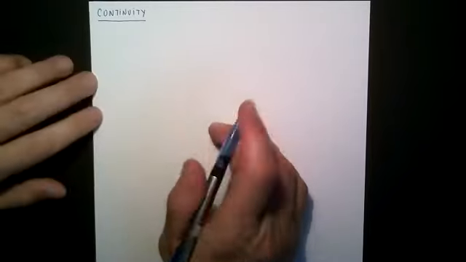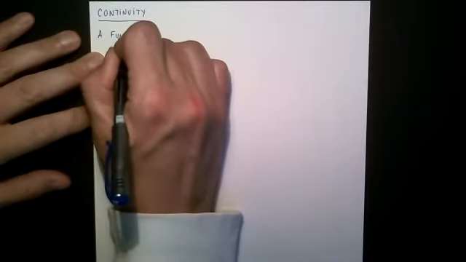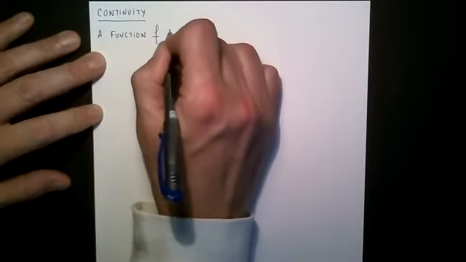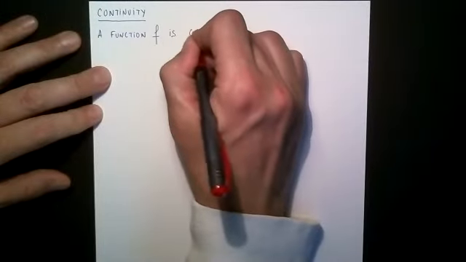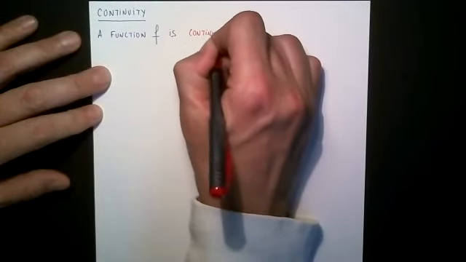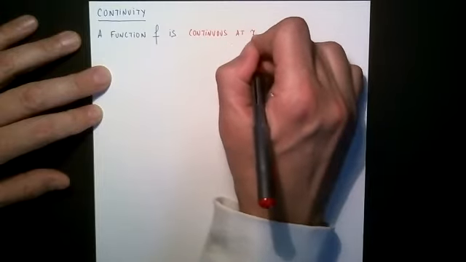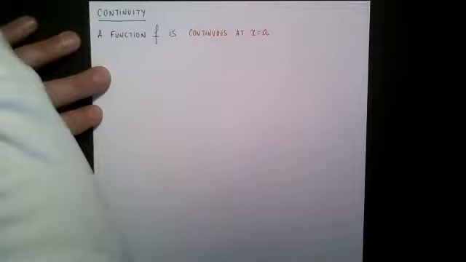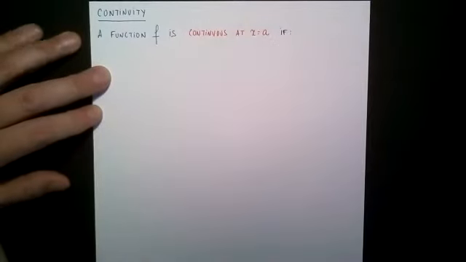So here are definitions. A function f is called continuous at a certain value x equals a if two things are satisfied.